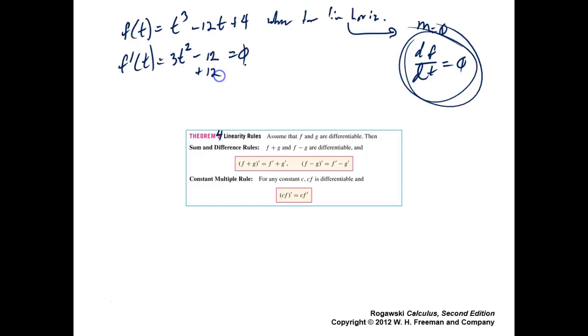Add 12 to both sides, and then what? 3t squared, that adds to 0, is equal to 12. Second, divide by 3. Okay, y'all are telling me this, so I'll do it. And that gives you t squared is equal to 4. And that means t is equal to what? 2. I was afraid you were going to say that.